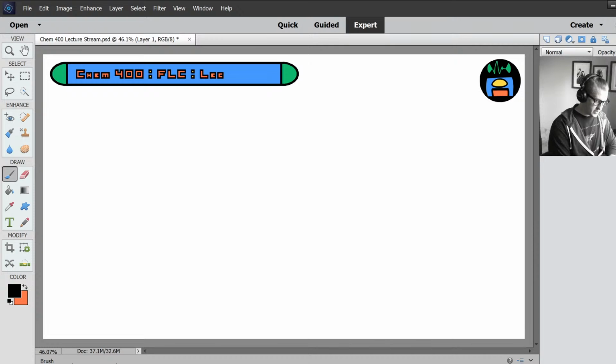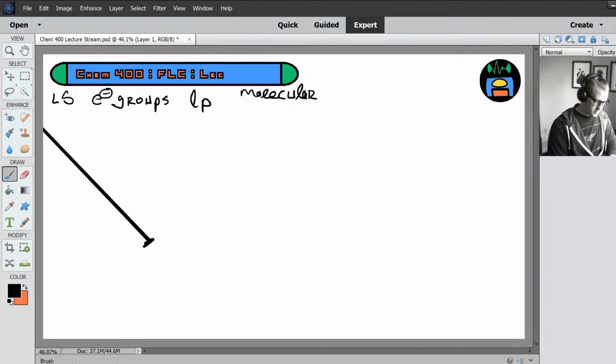We had the Lewis structure, we had electron groups, which I mentioned is sometimes called electron domain. Then we had the number of lone pairs, followed by the molecular geometry. The electronic geometry comes next, followed by molecular geometry.